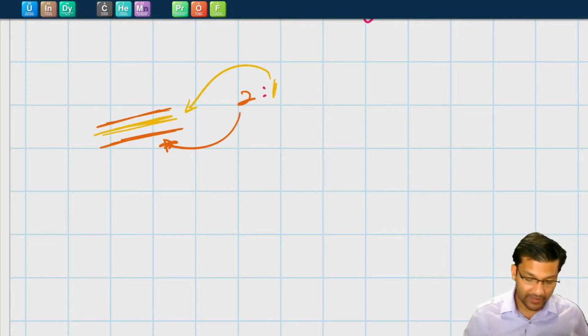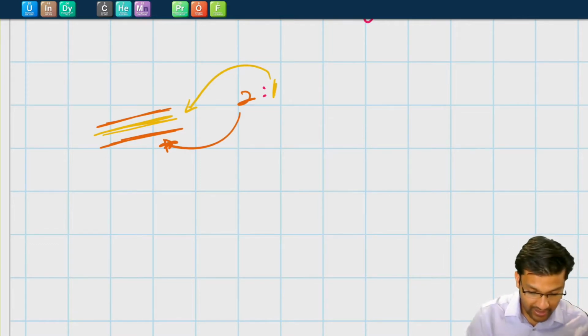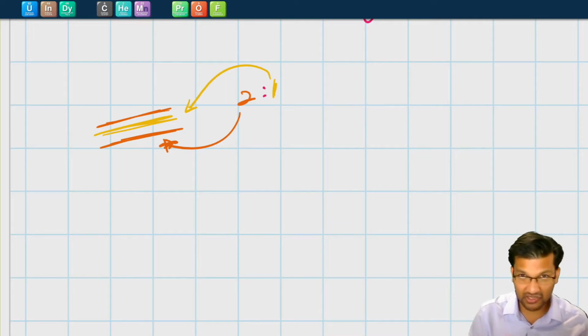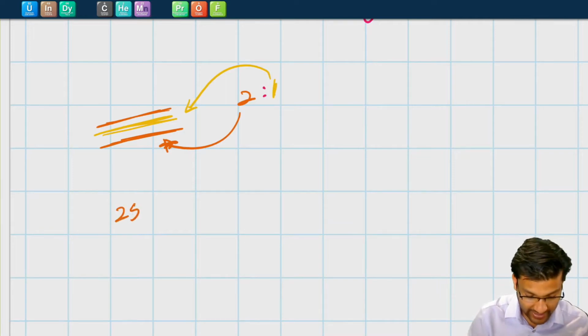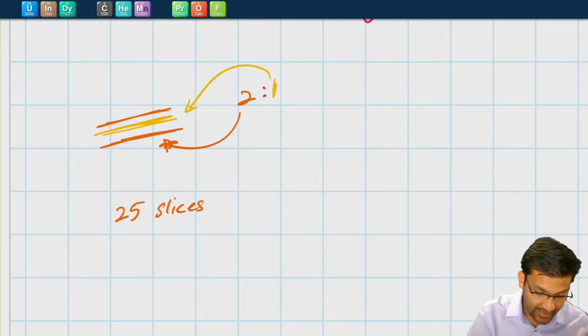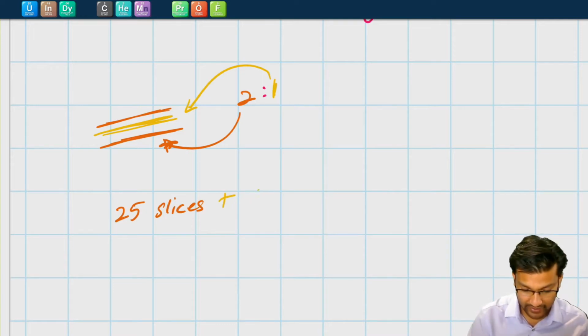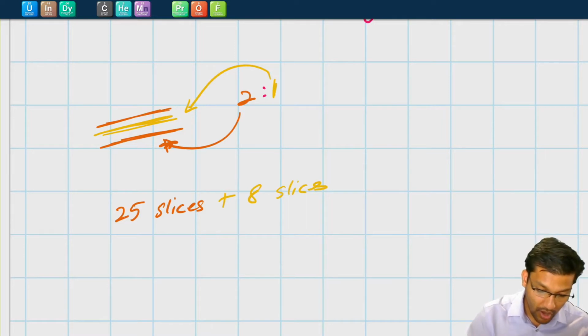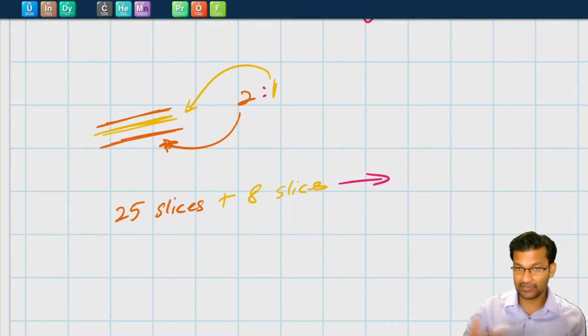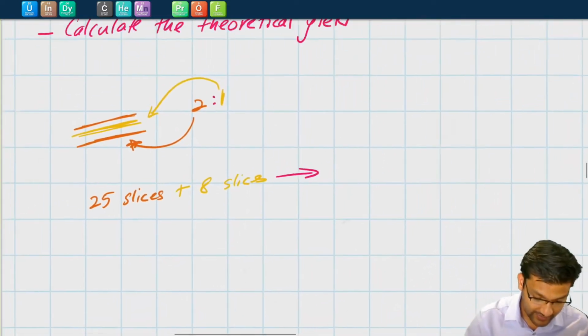So that means if, let's say, you had a loaf of bread, which, I don't know, has 25 slices, and you have a pack of cheese that has, I don't know, 8 slices of cheese, how many completed sandwiches can you make? Well, let's figure it out.